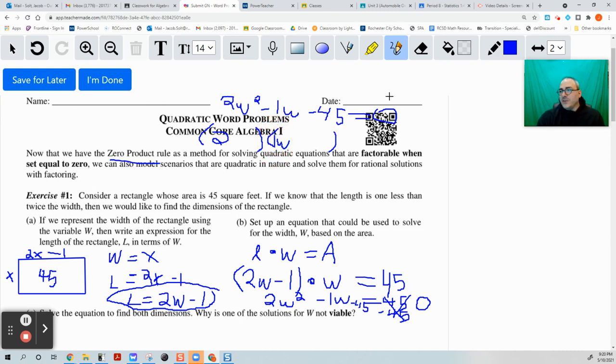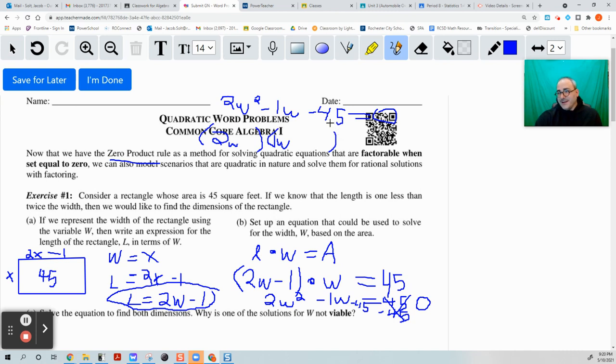I know that because the only factors of 2, the only two numbers that multiply together to be 2, are 1 times 2. So I know there had to be a 2w, and how do I know that both of them had a w? Because of this w squared thing. W squared means there had to be two w's being multiplied with each other.